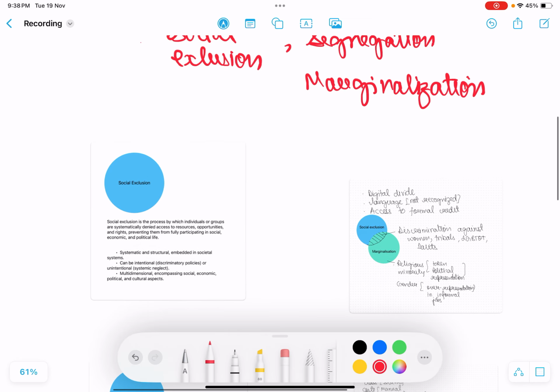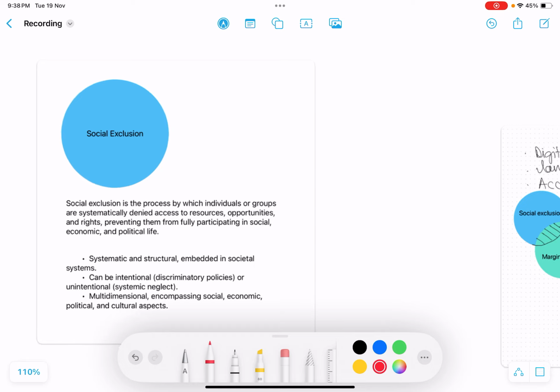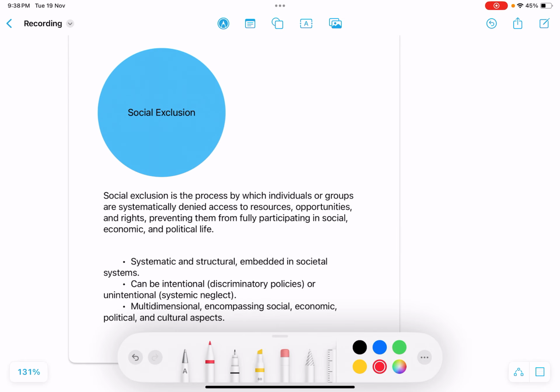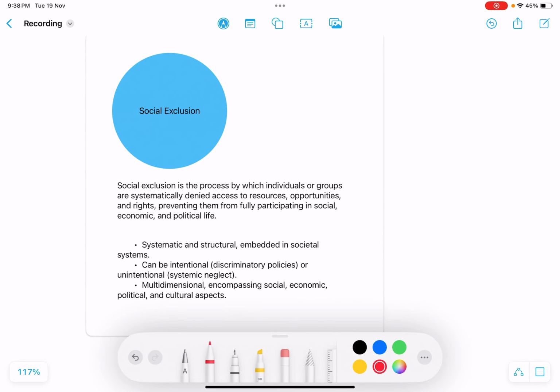So first of all, we are going to talk about what is social exclusion. Well, so what is social exclusion? It's about people being basically excluded. We'd like to use that word, right? So what do we mean by that? People who are denied access to what?